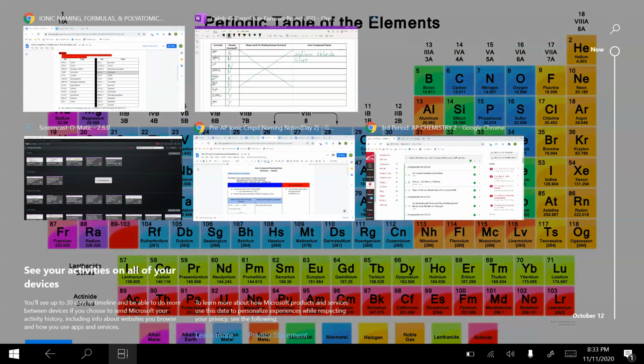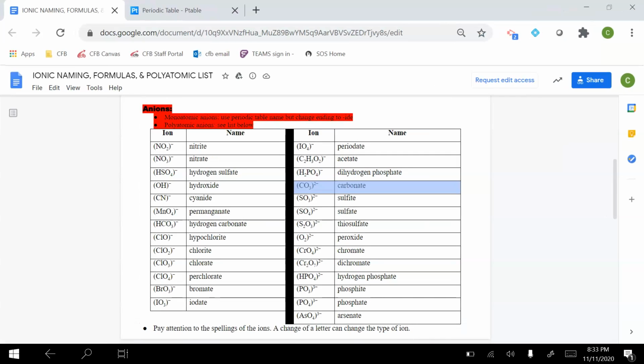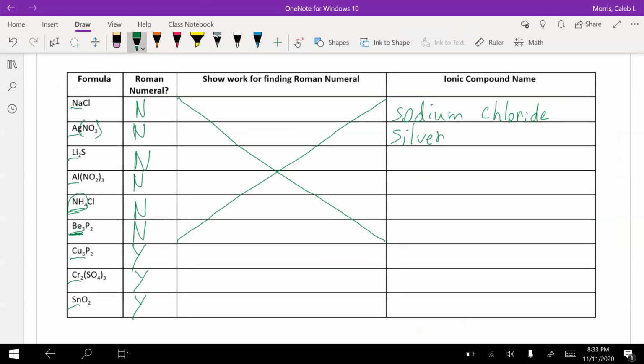Again, that was NO3, I believe. NO3 with a -1 charge is nitrate. NO3 is nitrate. So we would call this silver nitrate. We don't even have to change the ending of polyatomic ions.